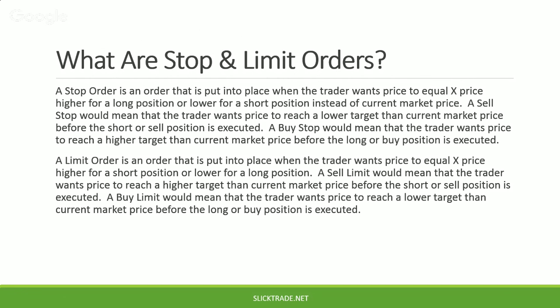A buy stop would mean that the trader wants price to reach a higher target than the current market price before the long or buy position is executed. So basically with a stop order, you want price to actually be worse, okay, if you want to kind of look at it that way, than it currently is for a buy or sell.